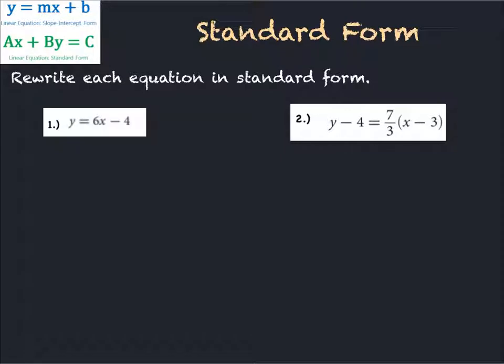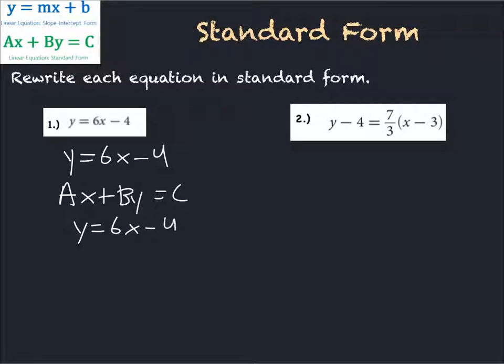All right, so rewrite each equation in standard form. Here we have an equation, I'll just do number 1 with you, in slope-intercept form. y equals 6x minus 4. If we want to change this to standard form, we want it to be in ax plus by equals c form. So we want the x and y on the same side. So all we would need to do here is subtract 6x.